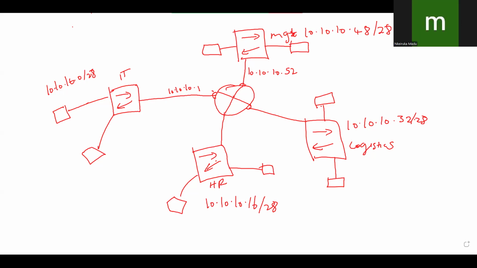All right, Solomon, tell me an IP from logistics I can give to this interface. Abbas, give me an IP I can assign. Solomon, be thinking of HR. Abbas, give me an IP for logistics, one IP from there I can assign here.